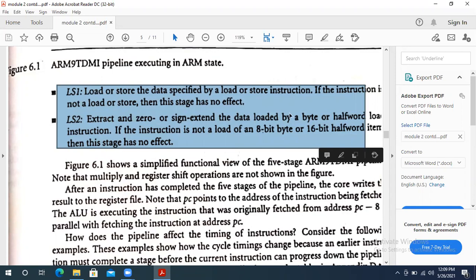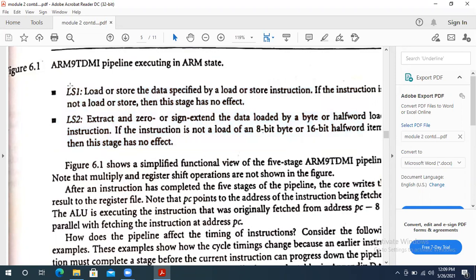One more thing I'll just make clear. LS1 is used to store the output which has 32 bits here, and LS2 is used to store the output of 16 bits or 8 bits here. Nothing but the LS1 stores or holds the output of one word.